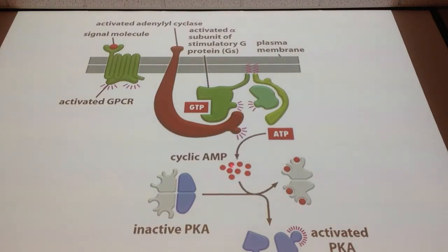Okay, cyclic AMP then can be used as a coenzyme for a number of enzymes, including an enzyme called protein kinase A. So it's a kinase. Okay, PKA or protein kinase A. Protein kinase A normally is in an inactive form, a tetramer, right?